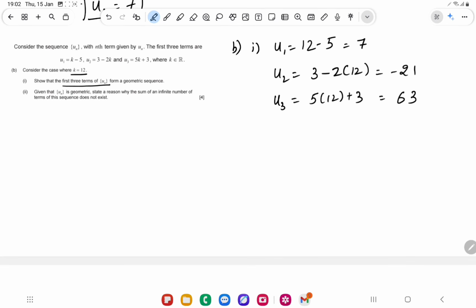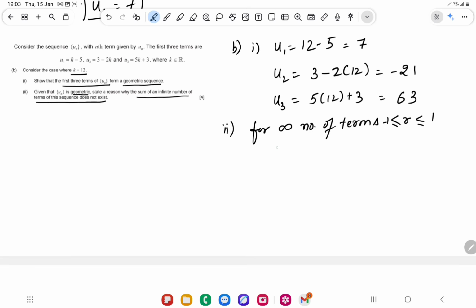Now for the second part, it says consider this as geometric. Till now, in the A part, we were considering it as arithmetic. So for B part, we are considering this as geometric. Now we have to state a reason why the sum of an infinite number of terms of this sequence does not exist. What is important to note here is, for an infinite number of terms, my R value should lie from minus 1 to 1.